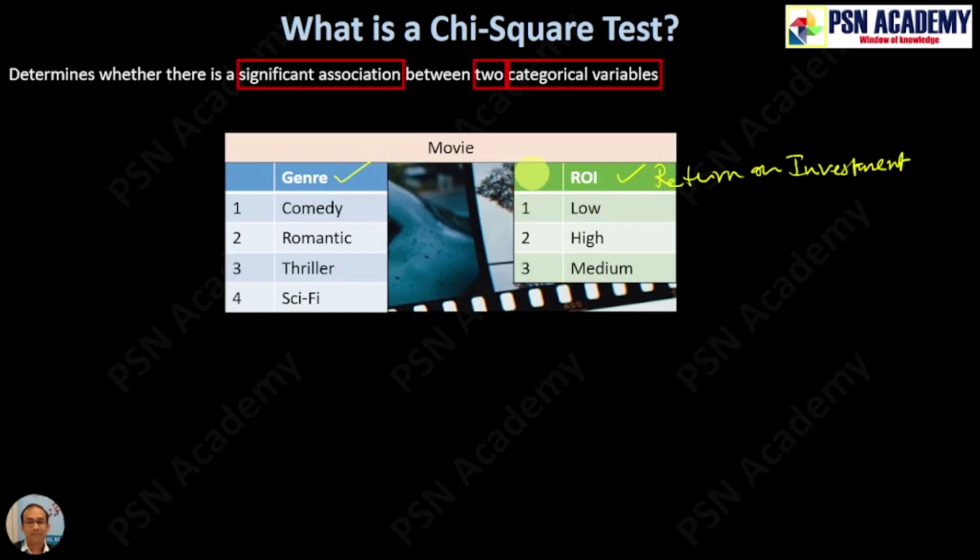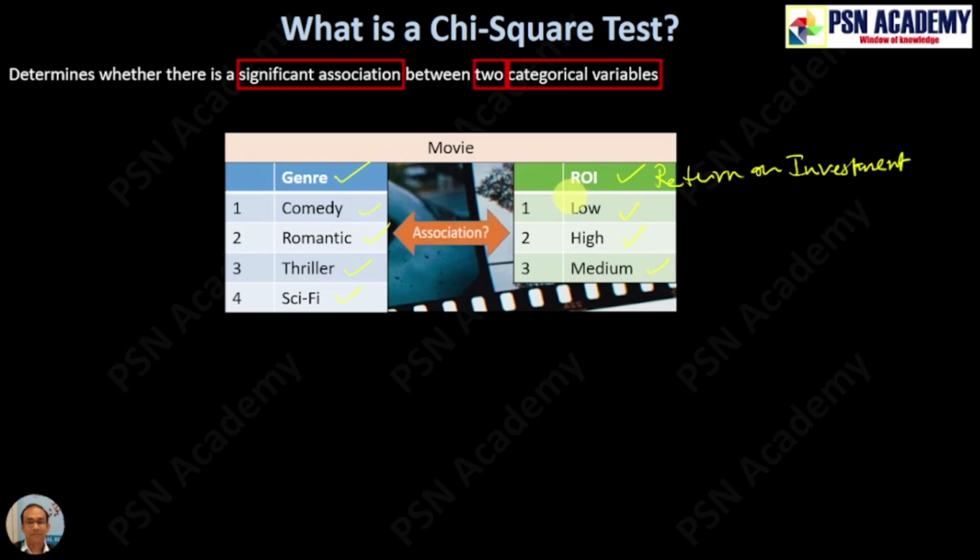Now, these two variables are categorical variables because the movie may be comedy type, romantic type, thriller type, sci-fi type, or like that. And in case of ROI, we have taken low ROI, medium ROI, or high ROI. So both these variables are categorical, that means non-numeric variables.